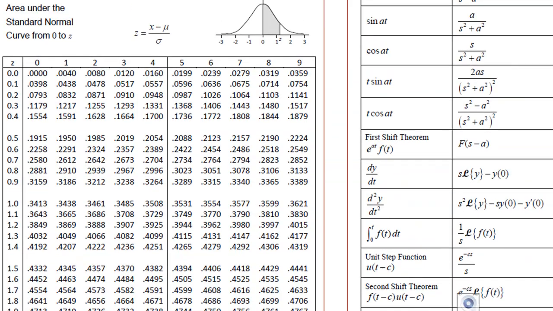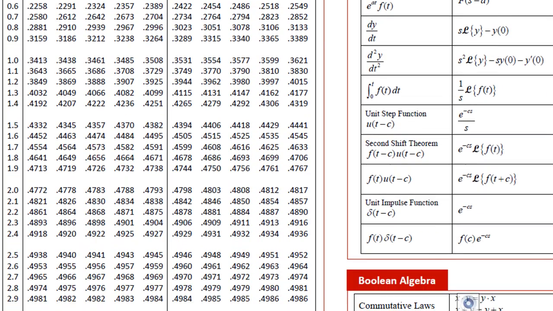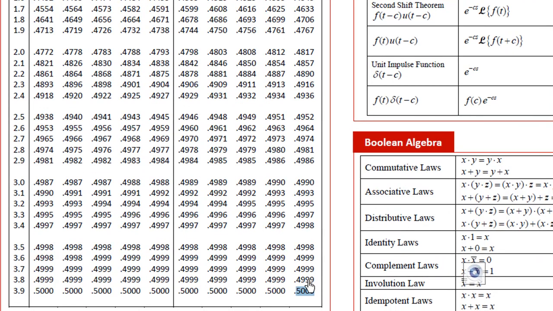If you check the table, you will find that in our standard normal table, z goes from 0.0 all the way to 3.99, and at the point z equals 3.99, the area from 0 to 3.99 is 0.5.